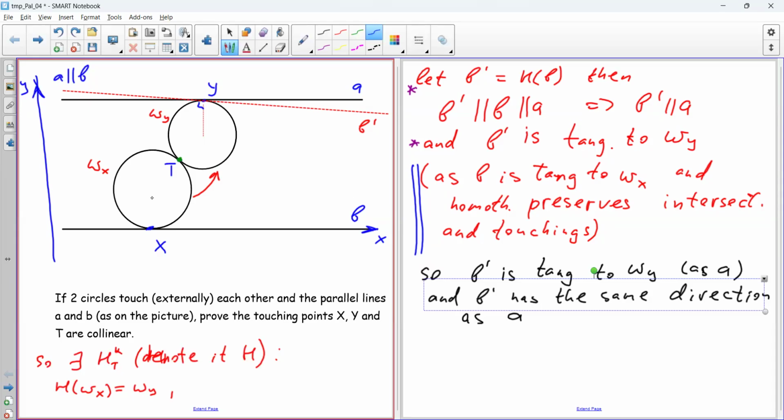So we then can say that if we take omega x as the lower circle, or we take the line B as the lower line, then the radius of this circle directed from the center to the tangent point would be looking downwards, from greater numbers to lower numbers. If speaking of the y-axis, let's redraw it.